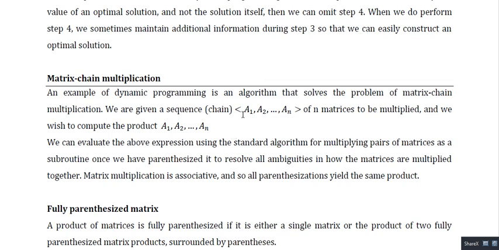So if we have this sequence A1 to A3, then we will have two possible parenthesizations, and both will yield the same result. But in terms of computation time, they will be different. So in what way do we have to parenthesize the chain of matrices so that the result can be obtained with minimum time, or in the minimum number of scalar multiplications?